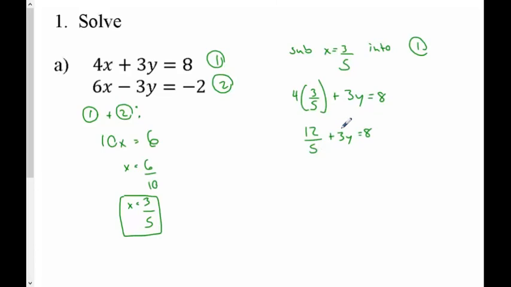So 12 over 5 plus 3y equals 8. I need to make this have a common denominator when I move it over. So I'm going to end up with 3y, and to have a common denominator of 5, I'll multiply that by 5. So I have 40 over 5 minus 12 over 5.